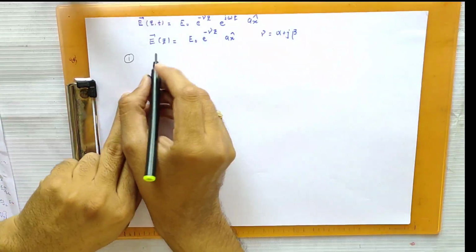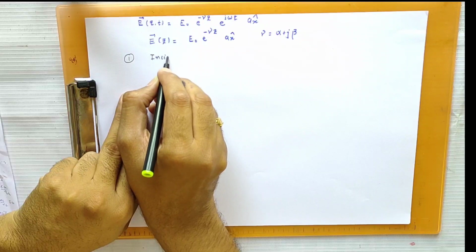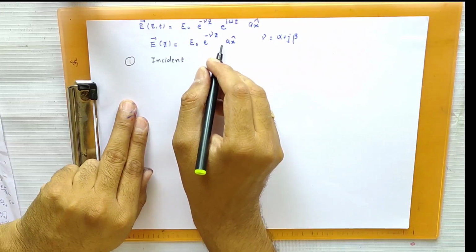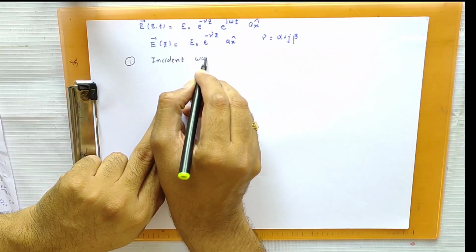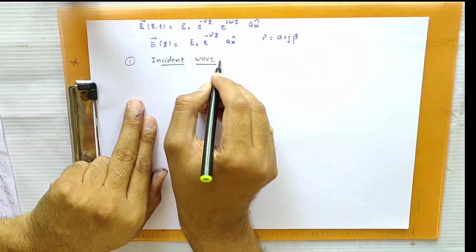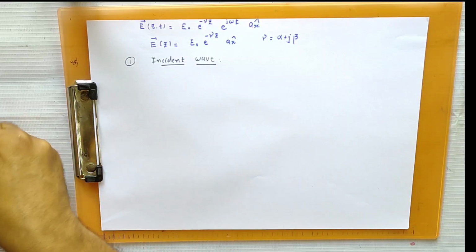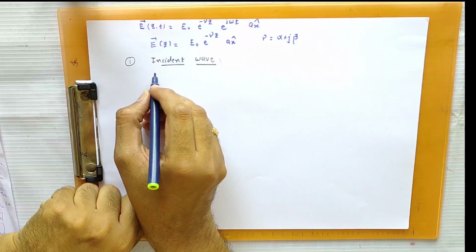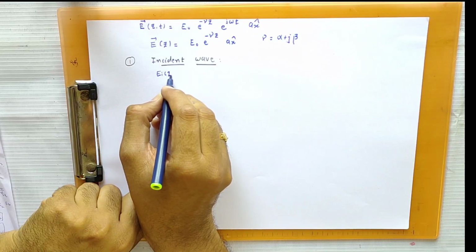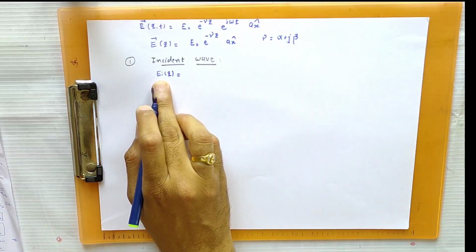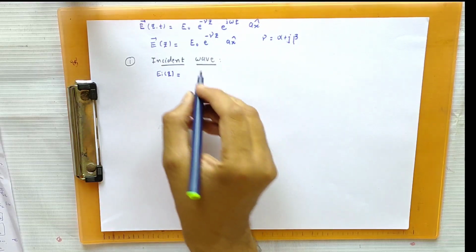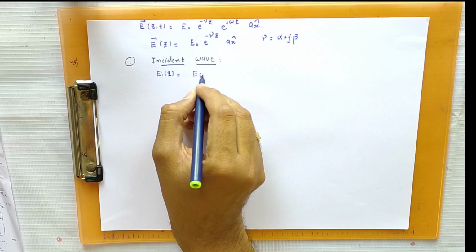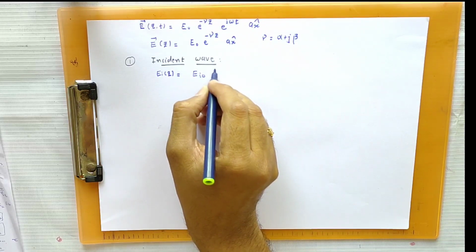Okay, first equation. What is our ultimate goal? Our ultimate goal is to derive the equations of transmission coefficient and reflection coefficient. Incident wave: E_I of z, the subscript I denotes the incident wave, equals, I use the same equation, E_I0 e raised to minus gamma 1 z.